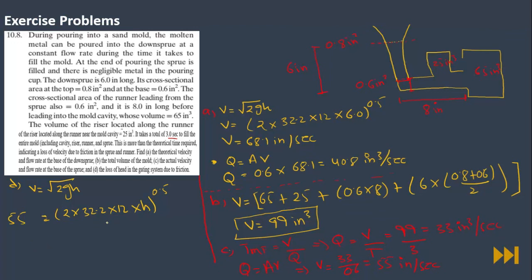If we solve for this, we will have 27.8 into h exponent 0.5 equals 55. So h exponent 0.5 equals 1.978, or h equals 3.914 inches.